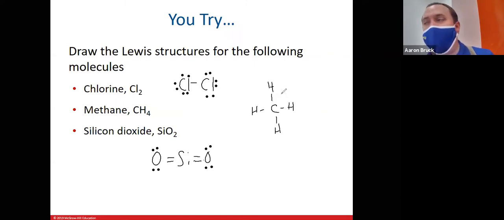Now, one thing I want to point out to you with regard to silicon dioxide: it should look really familiar to you. And the reason why is it's essentially the same structurally as carbon dioxide.